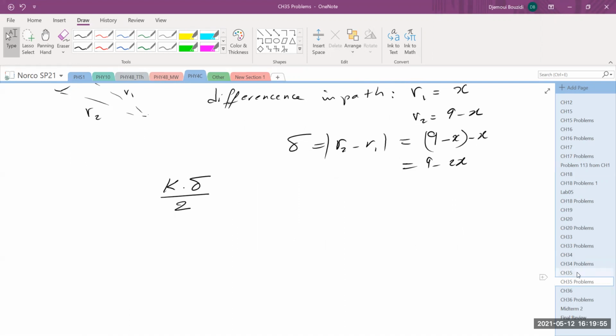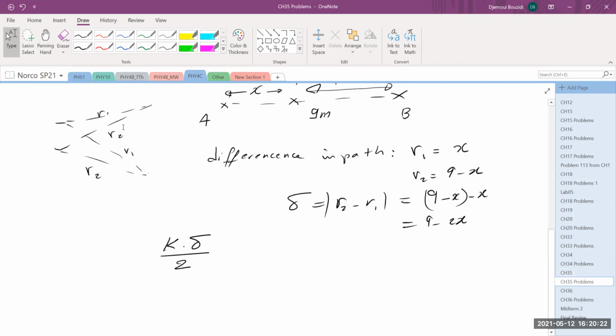When I added the waves, remember, I said that the omega t cancels the omega t, so I will be left with, because it's a wave that travels a distance, k times r1 minus k times r2. Obviously, I took r2 greater than r1. That's why I rearranged the expression, I did y2 plus y1, because then it allowed me to do the difference r2 minus r1, because I was looking all along for this scenario, the top one.